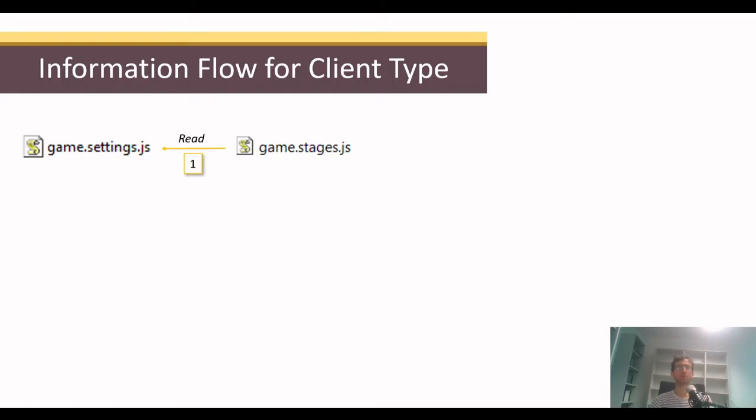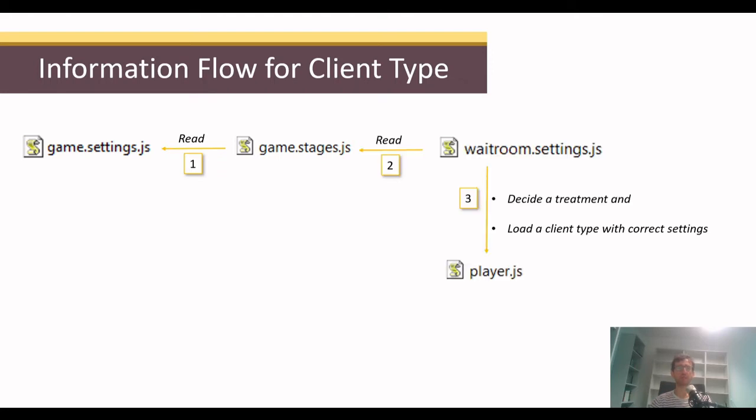So I just showed you that the stager is a property that is received by the client type. Another one is the settings. The settings come from the game settings. The stager is coming from the game stages. And the waiting room takes them both and gives them to the player client type, depending on the treatment that is chosen by the waiting room.